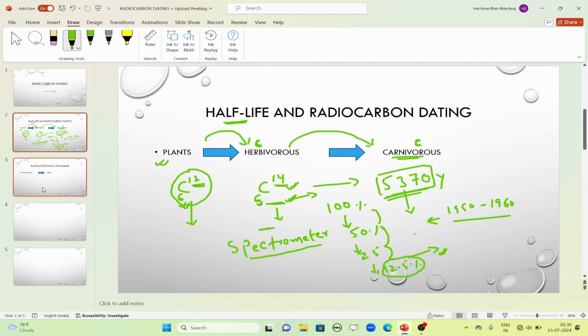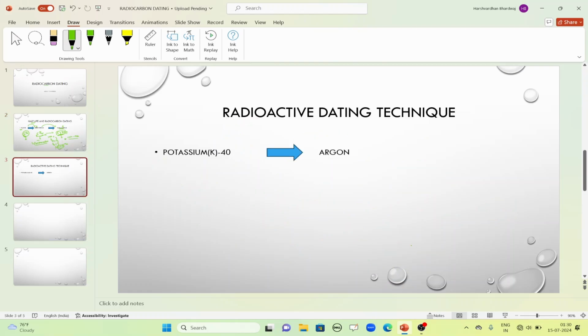Now let's move on to what other uses radioactive dating techniques have. We can also find the age of rocks.